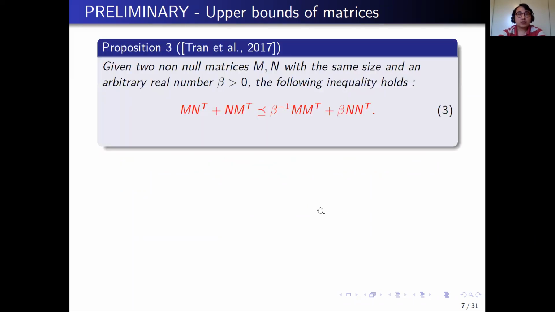Proposition 3, proposed in Tran 2017, provides a set of upper bounds according to the choice of parameter beta of the form MN transpose plus NM transpose for any two non-null matrices M and N with the same size.